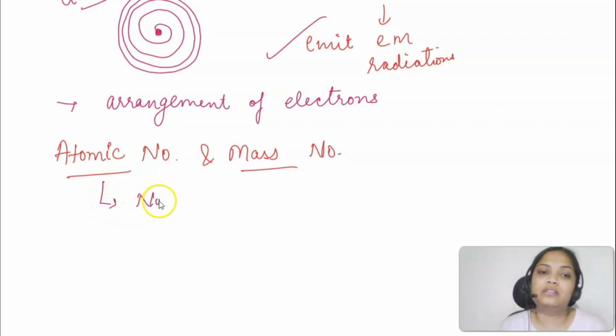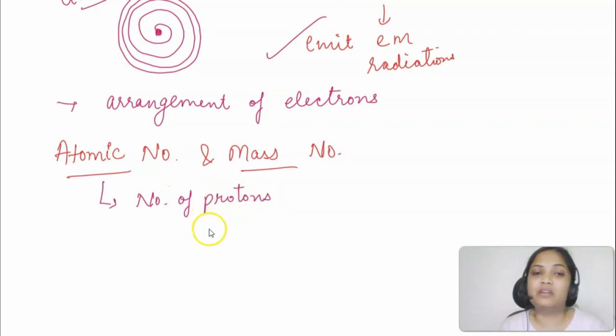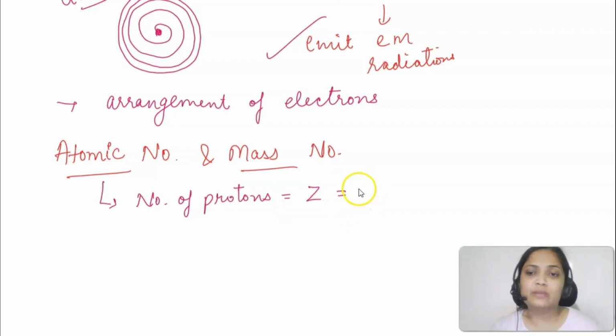Atomic number is determined by the number of protons in an atom, and actually atomic number is equal to the number of protons, which we determine by Z. Okay, and you know that for a neutral atom the positive and negative charges are equal, तो मतलब जितने protons होंगे उतने ही electrons होंगे. So the number of protons would be equal to the number of electrons. Okay, so atomic number is equal to number of protons and number of electrons.